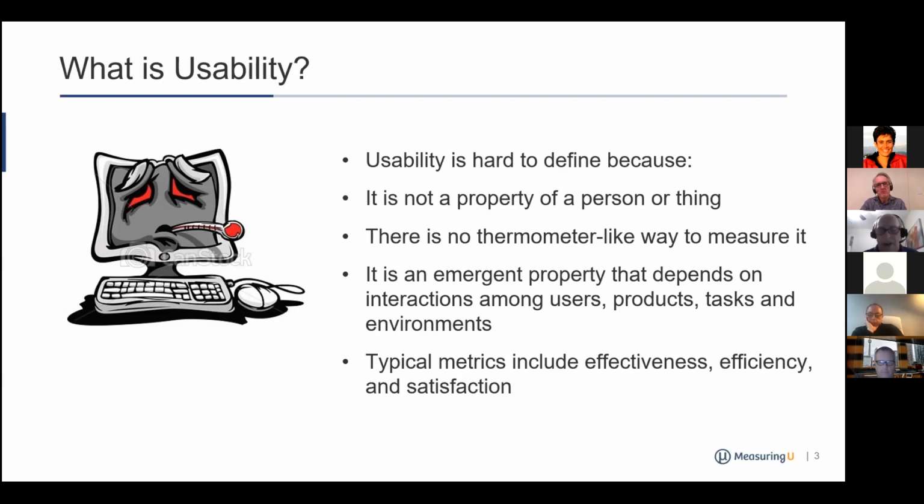In those standards, the typical metrics include effectiveness, efficiency, and satisfaction. Today, we're mostly going to be talking about satisfaction or instruments related to satisfaction, those that have to do with the perception of quality rather than any objective instrumentation.